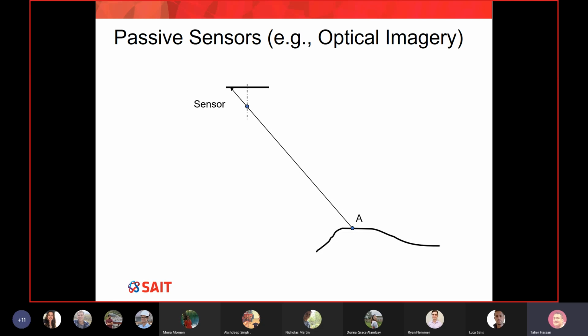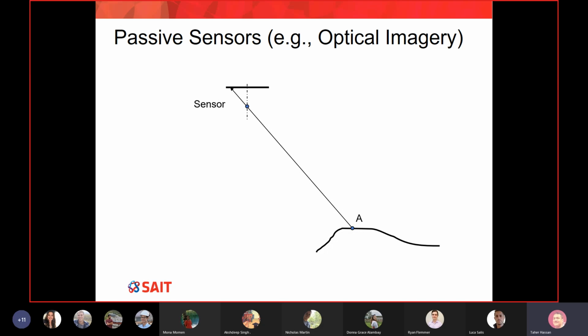So I can simply have my laser scanner at night. It will give me XYZ. I can fly my aircraft with a LiDAR system at night and I can get my XYZ. So that's amazing, huh? I don't need the sun. The camera, because it's a passive sensor, has to wait for a source of energy to light up the scene. So I agree, active sensors are better because they create their own energy and there is no need to wait for the sun.